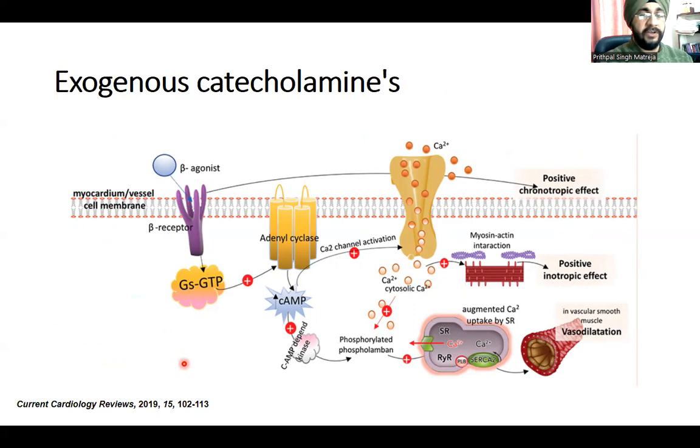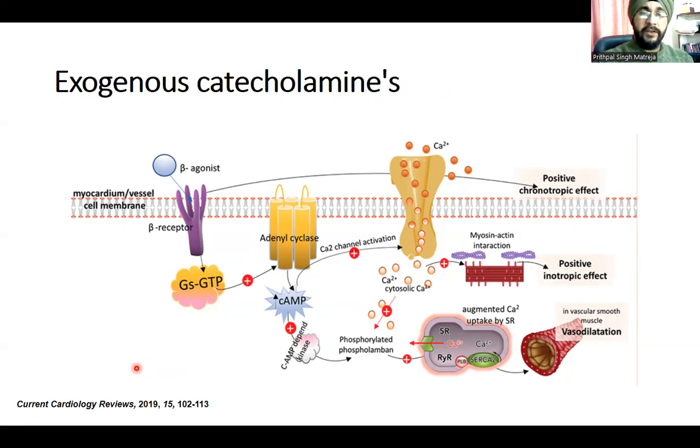Then there is also use of exogenous catecholamines, and to be more specific, there is an increase in use of dobutamine as well as isoproterenol for a rise in the mean arterial pressure.